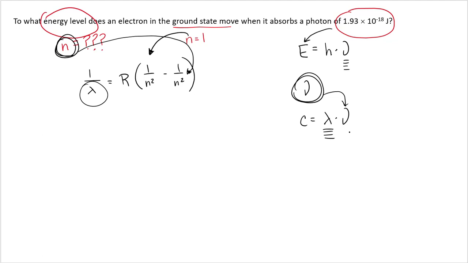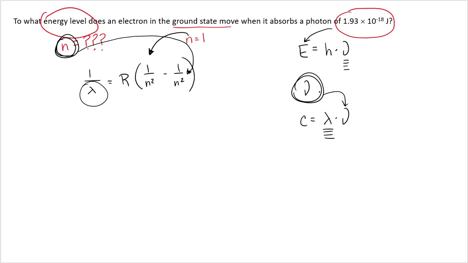You just have to be aware that all of these wave equations go together hand in hand. I can give you an energy, you can calculate the frequency, and from that get the wavelength, going back and forth until you get the precise variables that go into this equation. So I would start with the energy, 1.93 times 10 to the minus 18th joules.